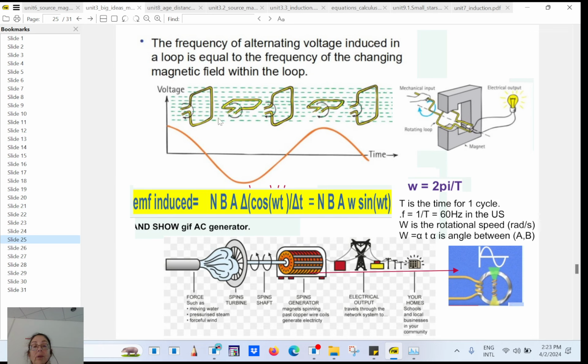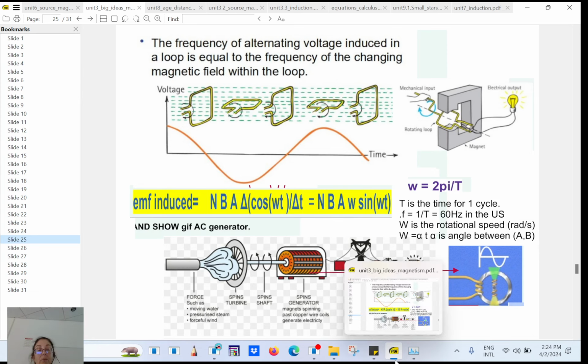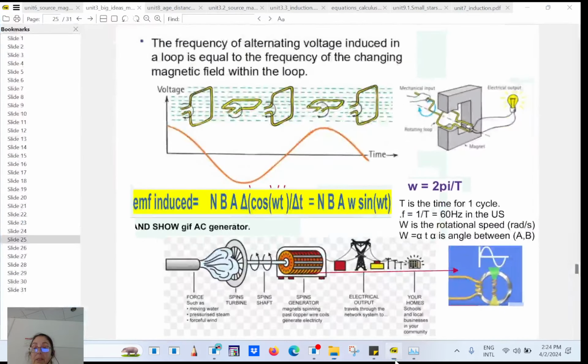Okay, so for now we're going to focus on how to produce AC. So you see, if you have a loop here, so it's a conductor and it's rotating inside a magnetic field, you're going to produce an AC voltage, say with a peak voltage. So let's go back to the slide.